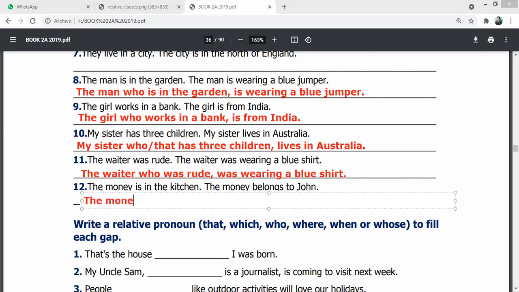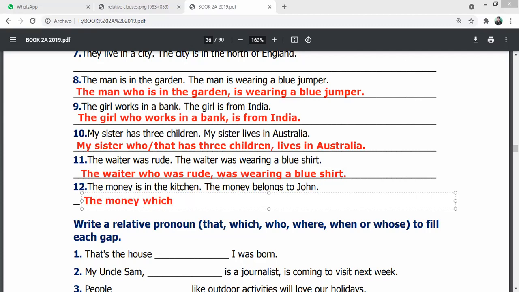Thank you, the money. Which relative clause? We're not going to use who, okay? We're going to use which.